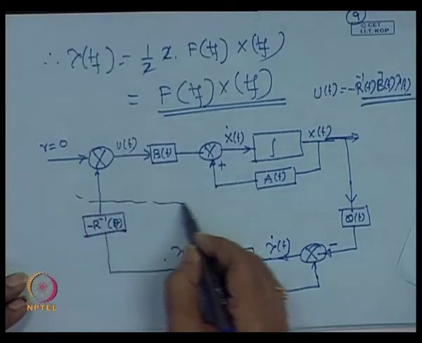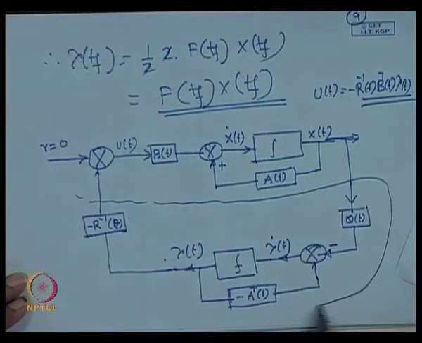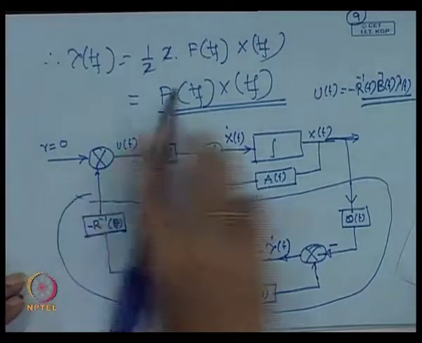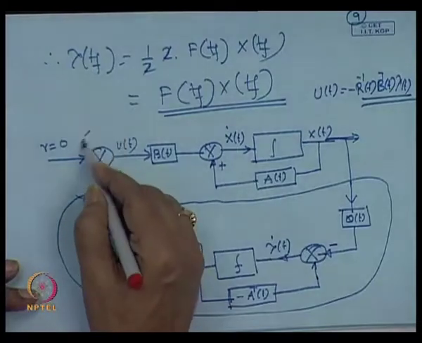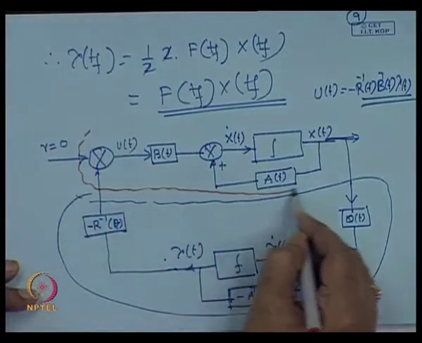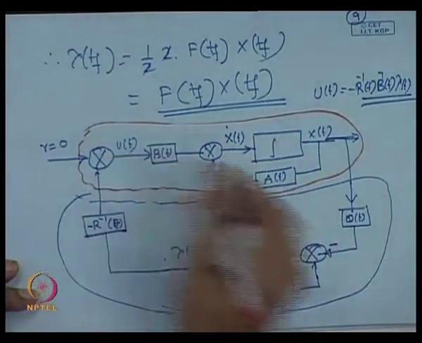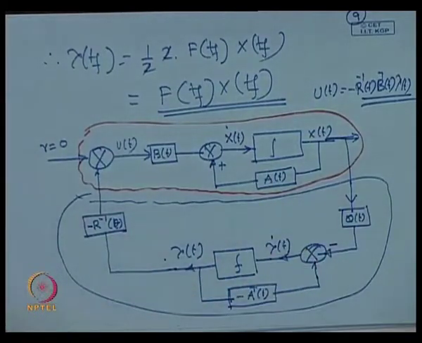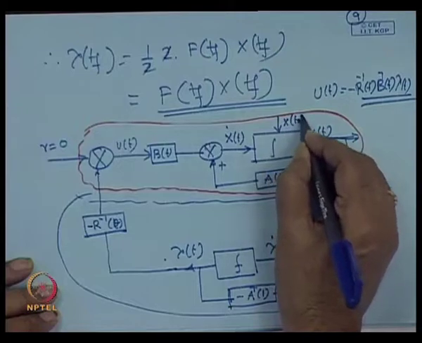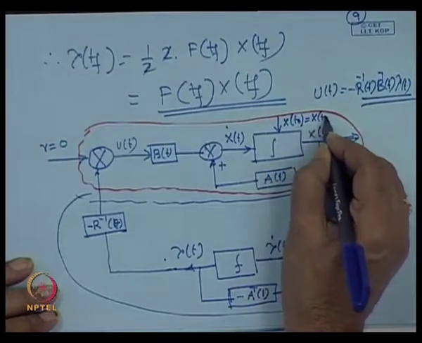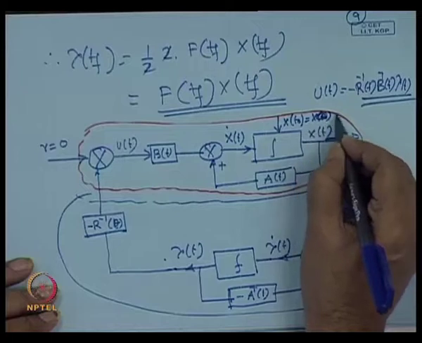So, this is our controller part, and this part is our system, our given system. And what is this one? If you see this indicator, we have an initial condition x of t 0, sorry, x of 0.